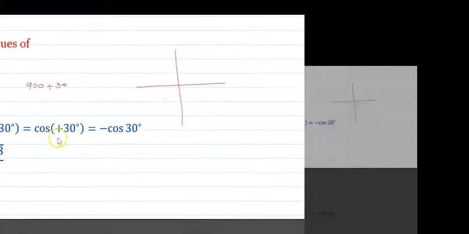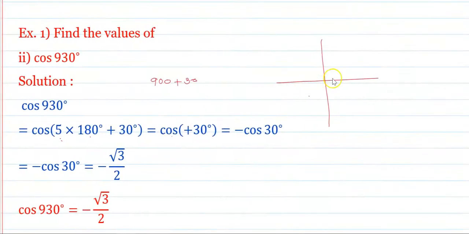This is the 5 times 180 means what? This is the 2 and 2 4. Okay, 5 plus 30, and in third quadrant cos is negative. I will write here negative sign. That is the cos of 30.